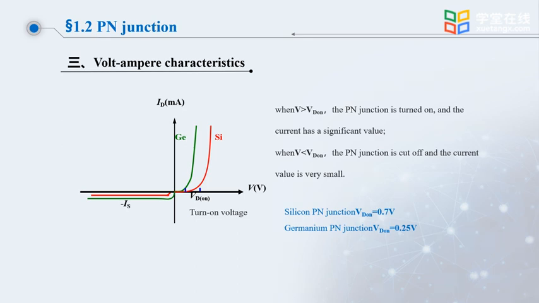When V is less than VD on, that is, less than the turn-on voltage, the PN junction is closed. We think the current value is very small. No current flows. For silicon materials, the turn-on voltage VD on is usually considered to be 0.7 volts. The PN junction made of germanium material has VD on equal to 0.25 volts.